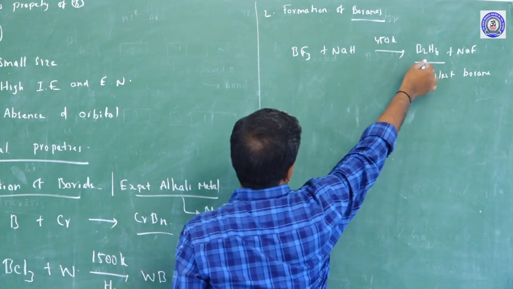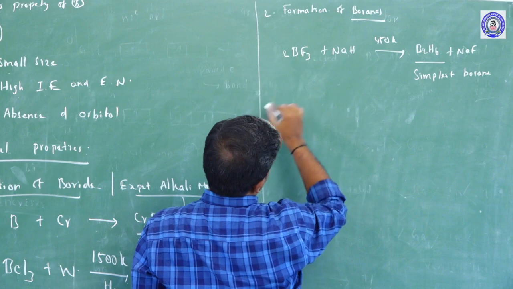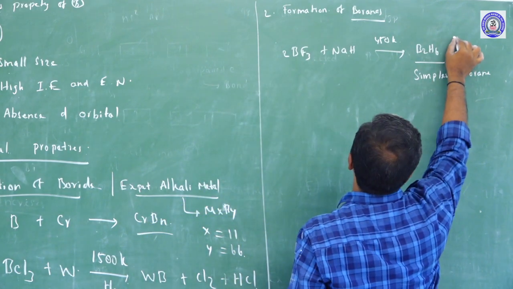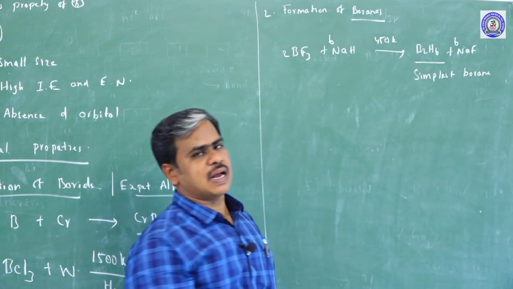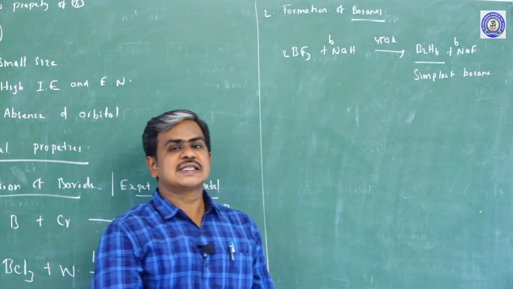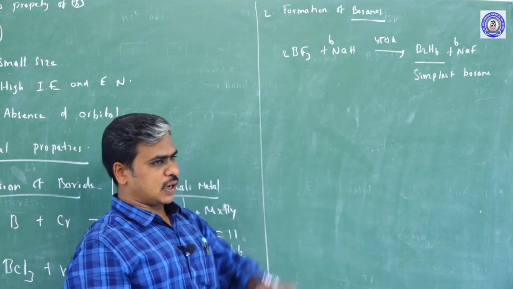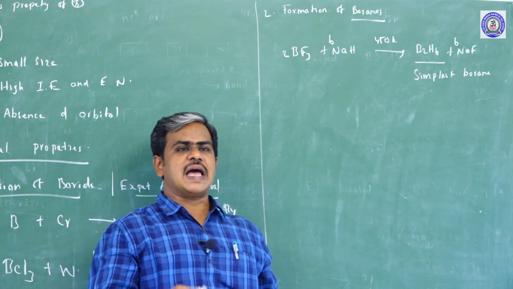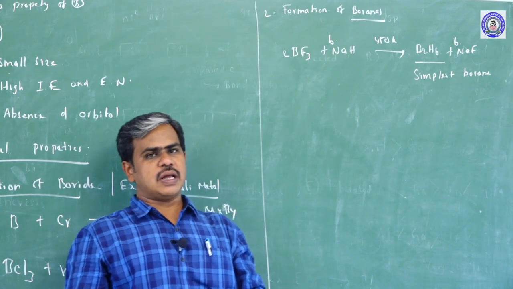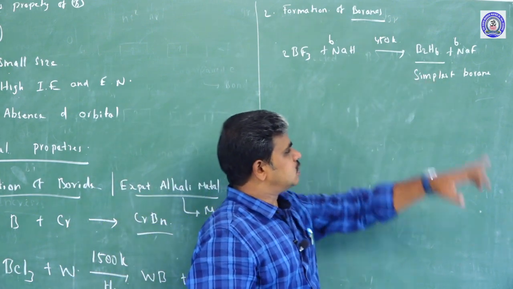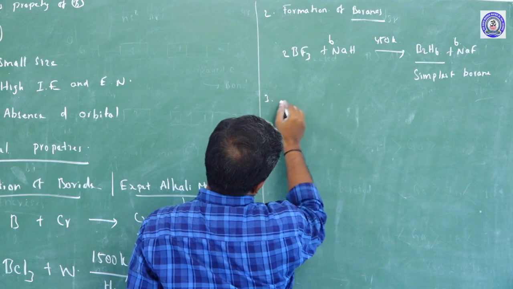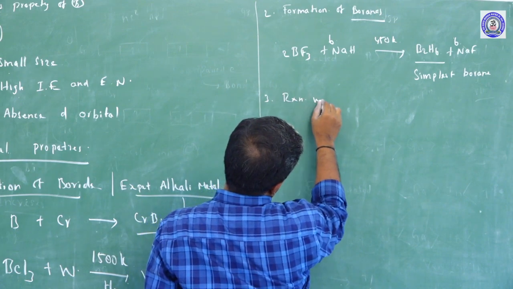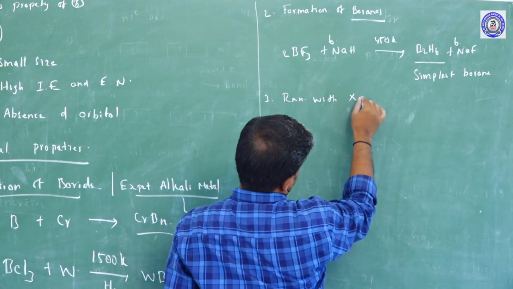So the simplest borane is B2H6. It is B2, so 2, and 6 fluorine, so here it is 6 and here also 6. So it is balanced. The simplest borane is diborane. From that we get the higher boranes, which are prepared from the simplest borane, diborane. Okay. And the third one is reaction with halogen.